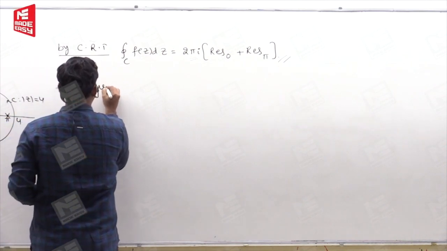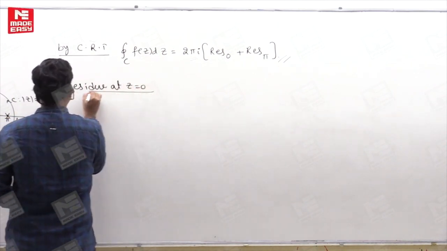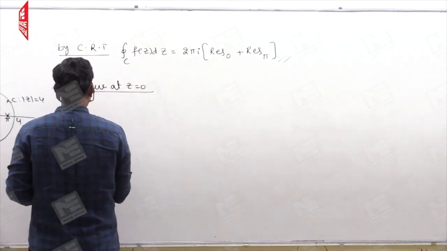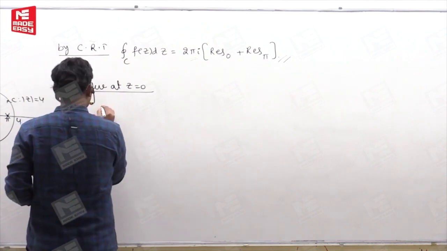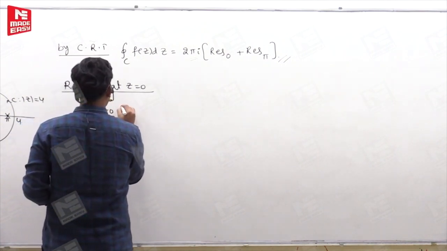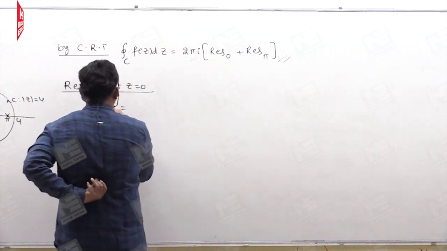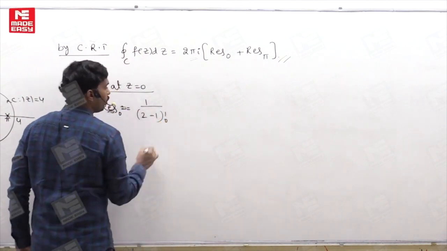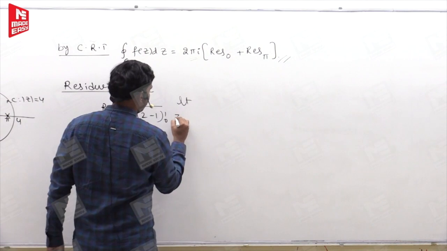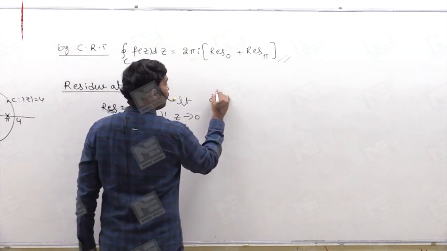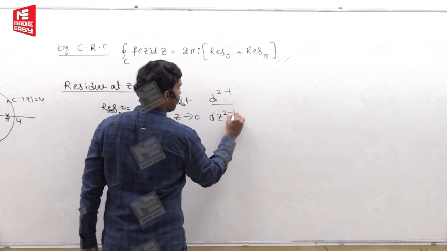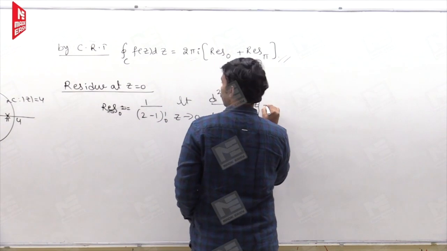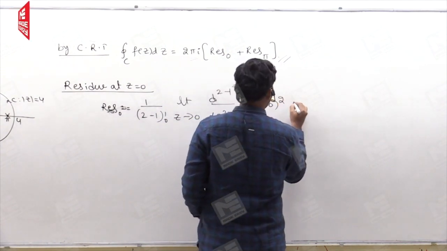So residue at z is equal to 0. How do you find it, as it is a pole of order m? It is 1 by (m minus 1) factorial, limit z tends to 0, d to the power m minus 1 by dz to the power m minus 1 of (z minus 0) whole square into f of z.